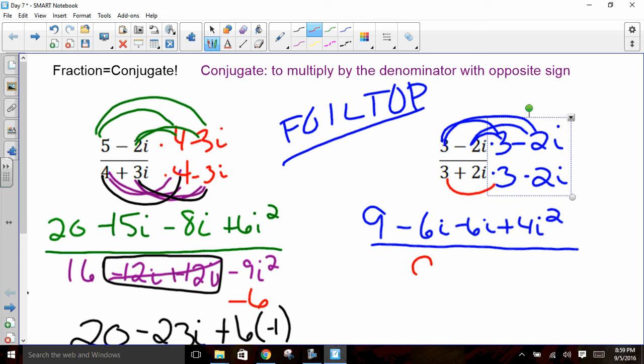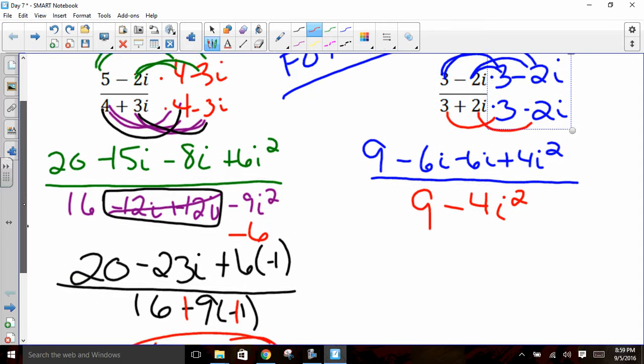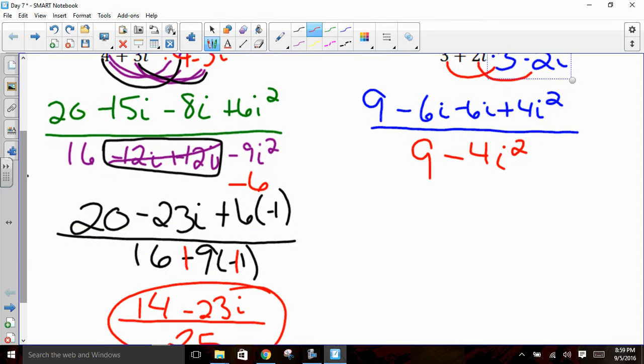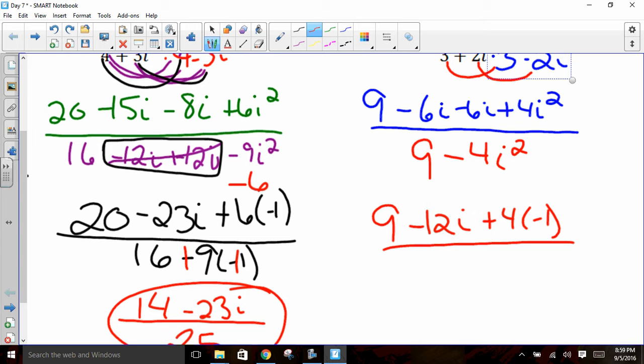So 3 times 3 is 9. And then 2i times negative 2i is negative 4i squared. So that gives us 9 minus 12i plus 4 times negative 1 all over 9 minus 4 times negative 1.